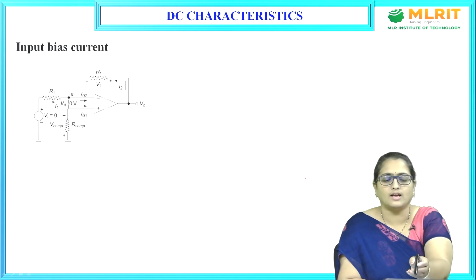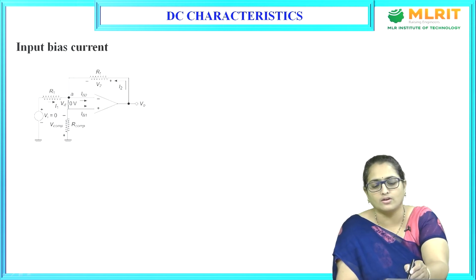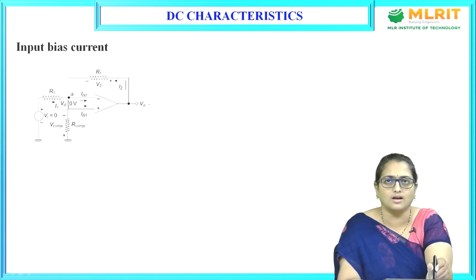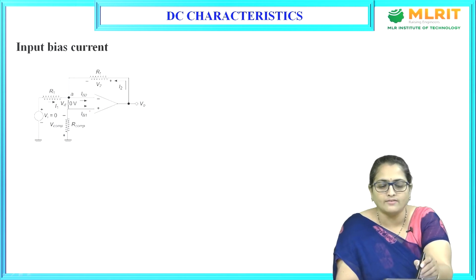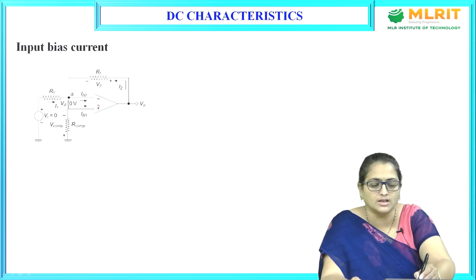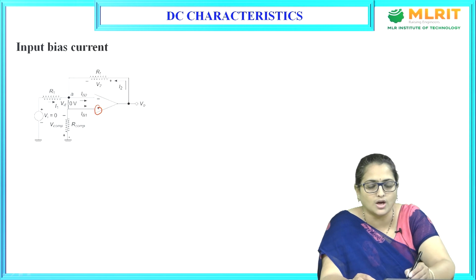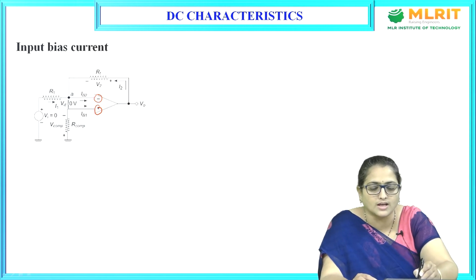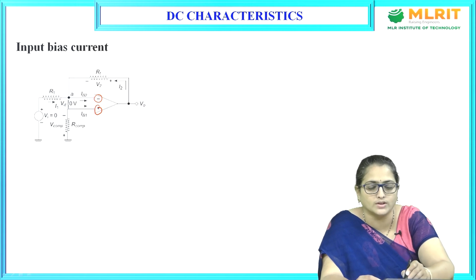So, I am including an R compensator to reduce or cancel the offset. See in this circuit, the positive terminal is connected to ground through the R compensator resistor and the negative terminal is connected to Vin through an R1 resistor.